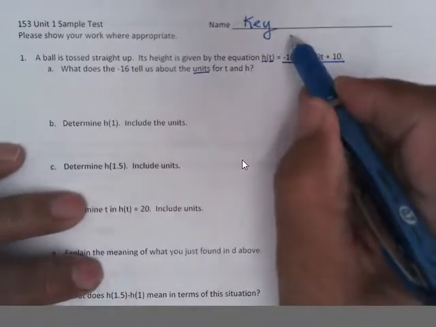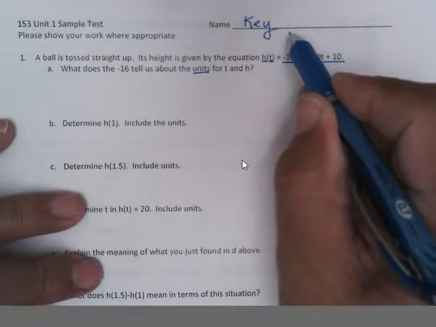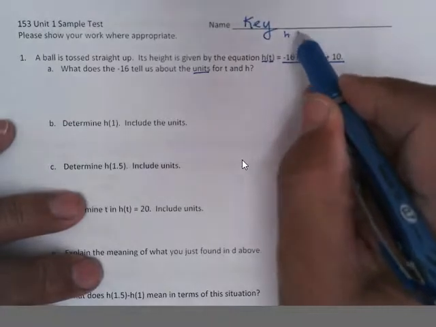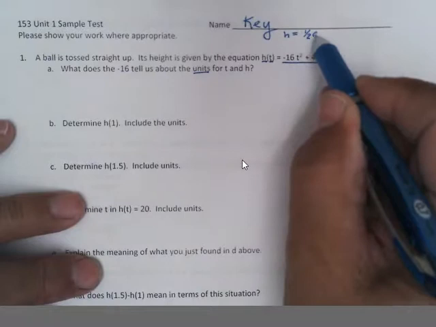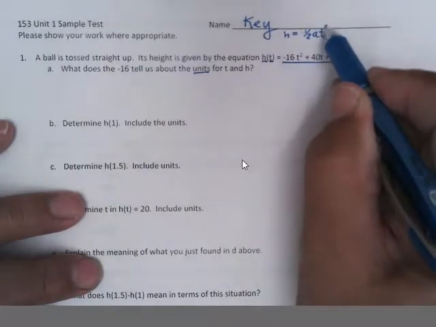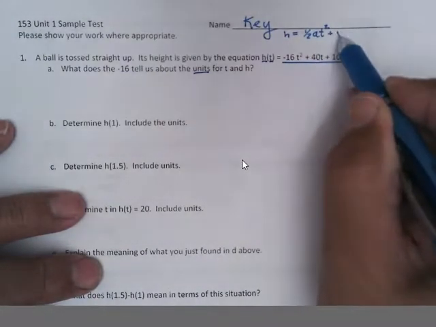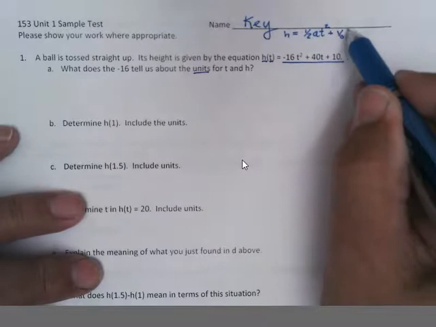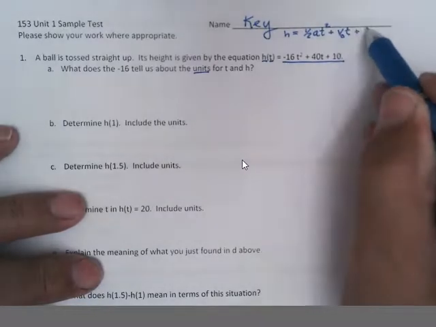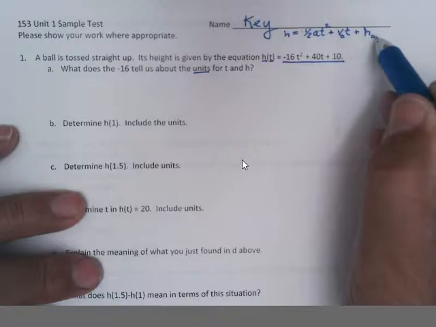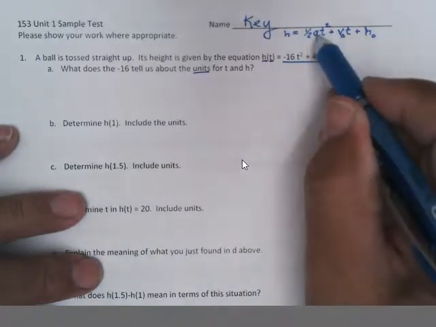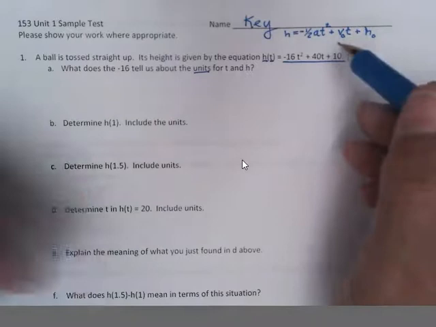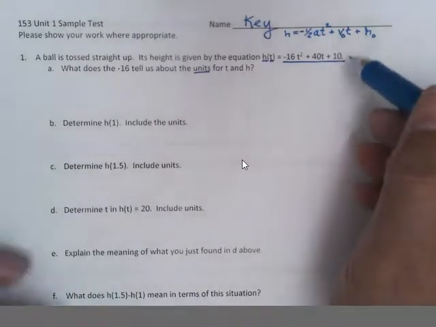As when we talked about Galileo, he discovered that the height was 1/2 the acceleration due to gravity times time squared plus the velocity it was thrown at times time plus the height it started at. So this is height at time 0, the velocity at time 0, and the acceleration due to gravity, and it's negative because that's down and the other ones are up, positive.